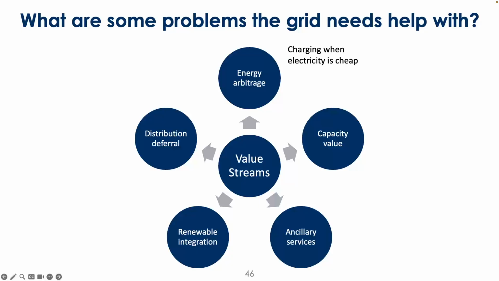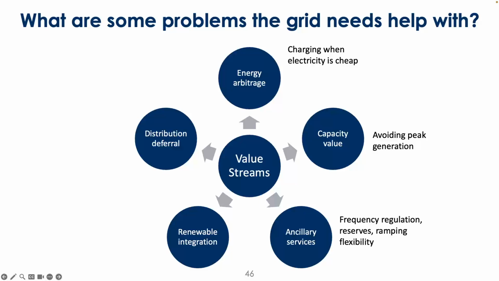Energy arbitrage. This is where I charge when it's cheap, and then I don't charge when it's expensive, or even I discharge electricity when it's expensive. Capacity value. So you avoid charging during times when there's a lot of demand for electricity. Ancillary services. This gets into some more nuances of the grid that we aren't really covering, but there are services besides just providing electricity: frequency regulation, reserves, ramping flexibility.